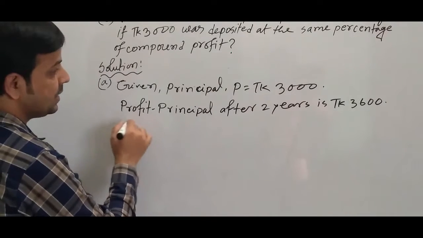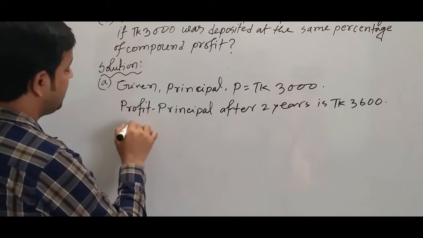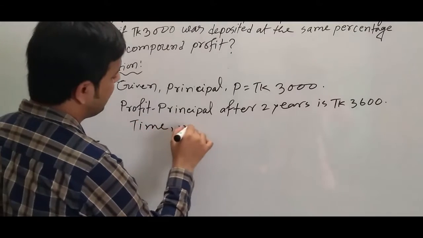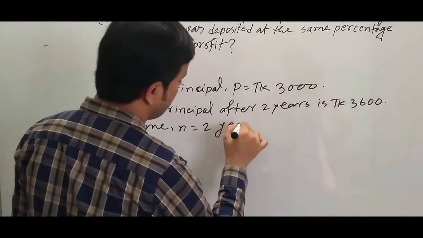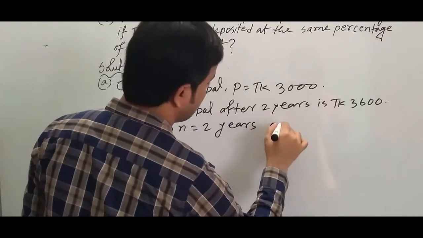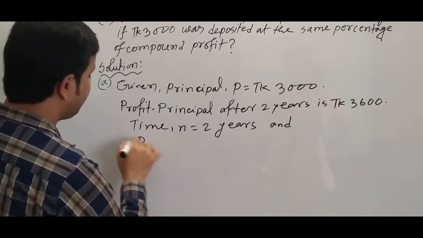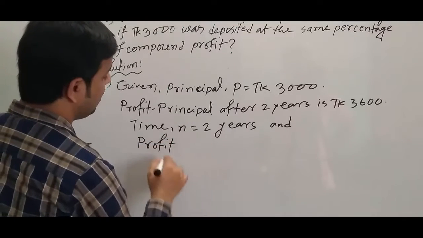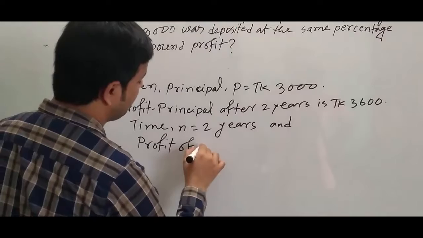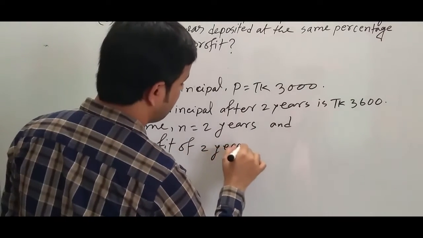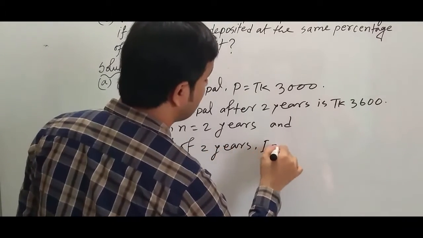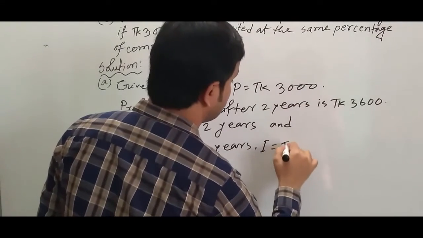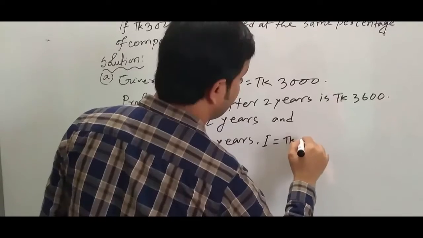So we can write time n equal to 2 years, and profit of 2 years I equal to, we need to subtract the principal from the profit principal.